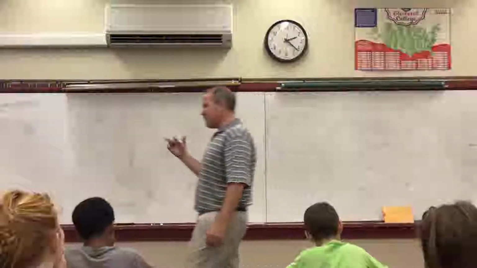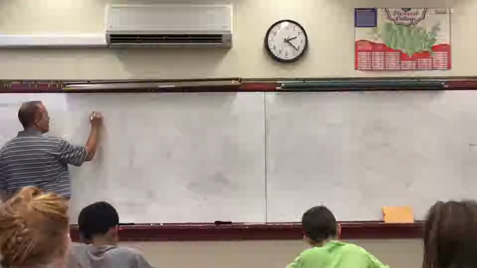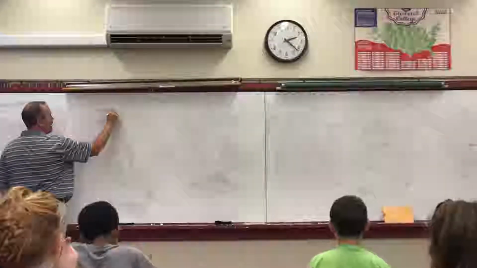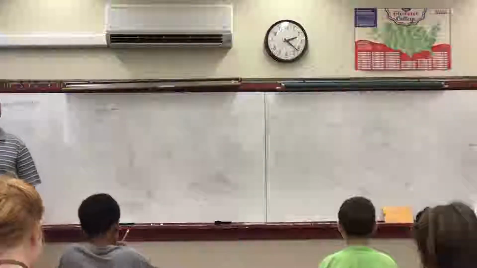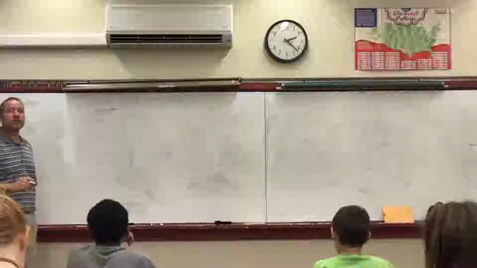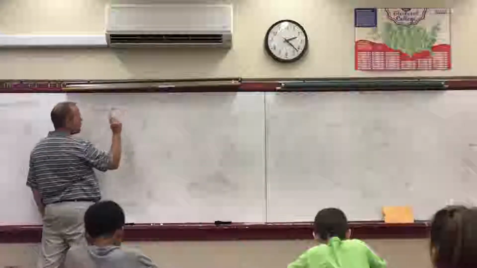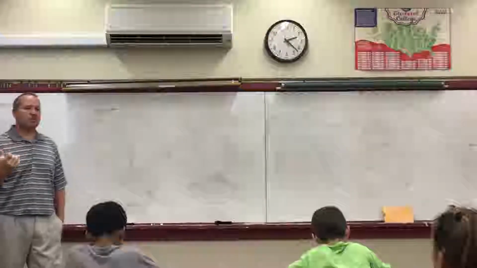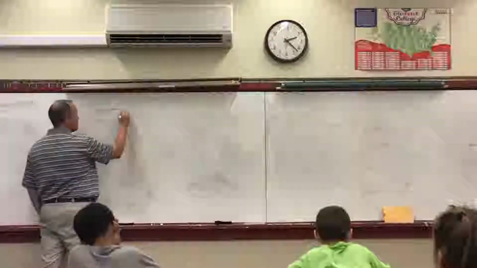Now, before we get into too much, there are a couple words you're going to need to know. You're going to need to know the term prime or prime number. What is a prime number? Anybody know? Basically, the correct definition would be has only one set of factors, one and itself.